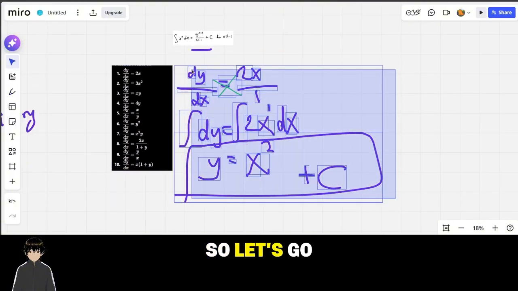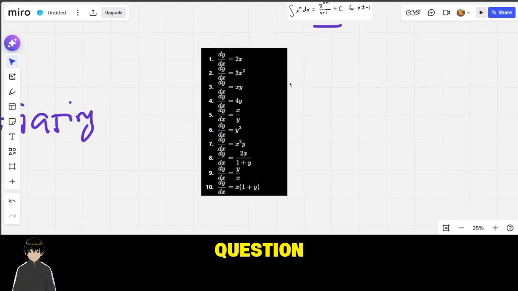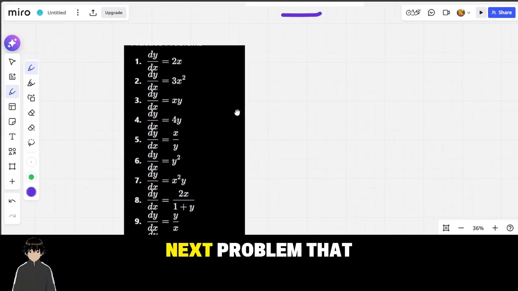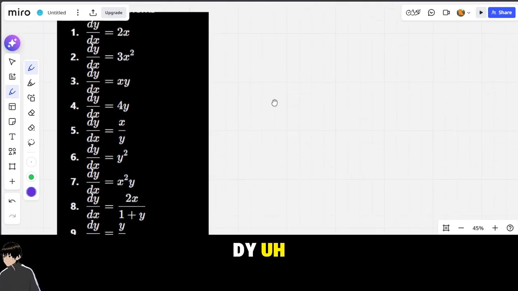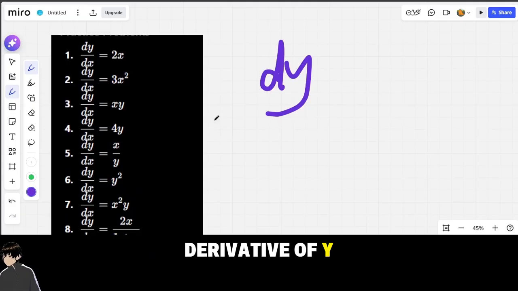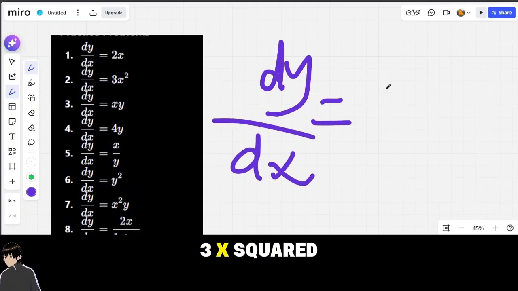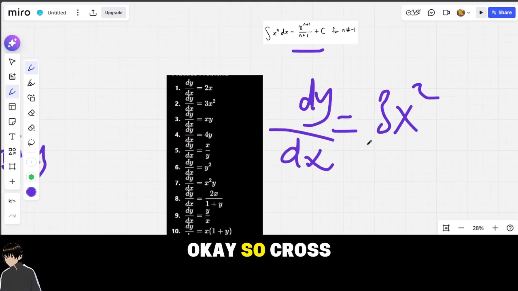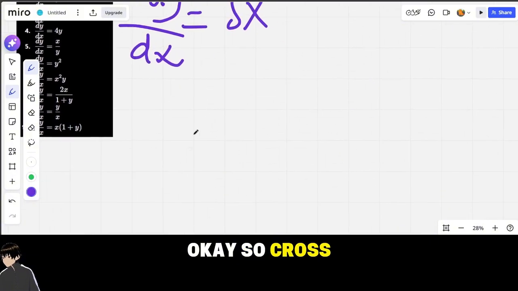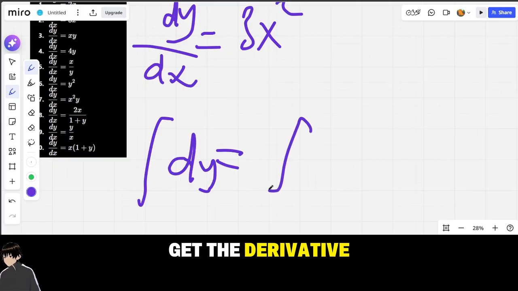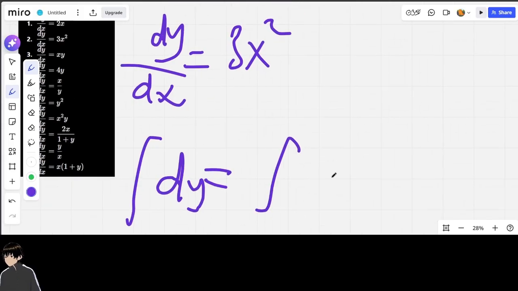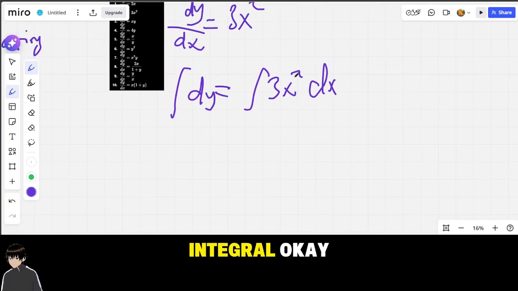So let's go to the next question. The next problem that we're going to solve is dy, the derivative of y with respect to x, is equal to 3x squared. So cross multiply and then get the integral. So you have 3x squared dx. Now you have to get the integral.